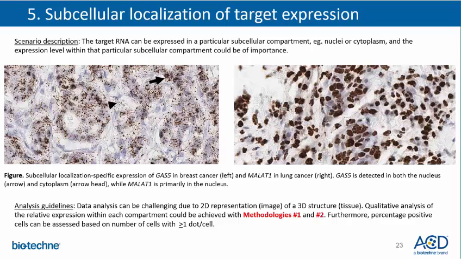And this could make it a bit challenging to truly quantify nuclear versus cytoplasmic expression. Nevertheless, the analysis of the expression within each compartment could be achieved with methodologies 1 and 2. Furthermore, percentage positive cells can also be assessed based on the number of cells with 1 or more dots per cell.